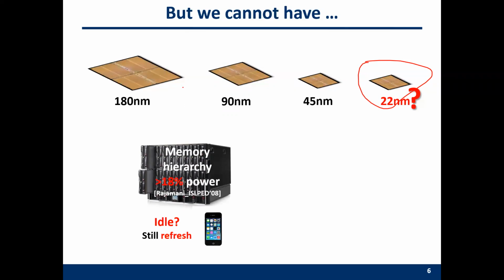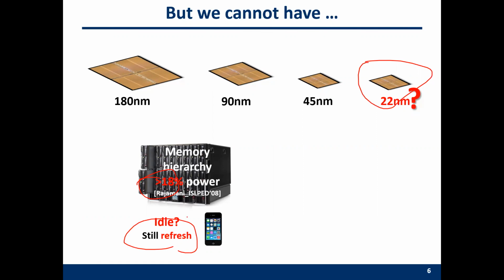In a data center, almost 20% of power is consumed by the DRAM because they need a lot of DRAM. For your mobile phone, even if you shut it down, even if you keep your mobile phone in sleep mode, you still need to do the refresh in the DRAM. Otherwise, you will lose your data forever.